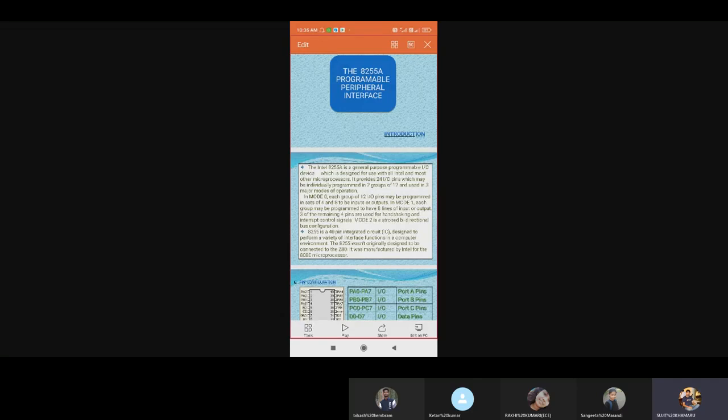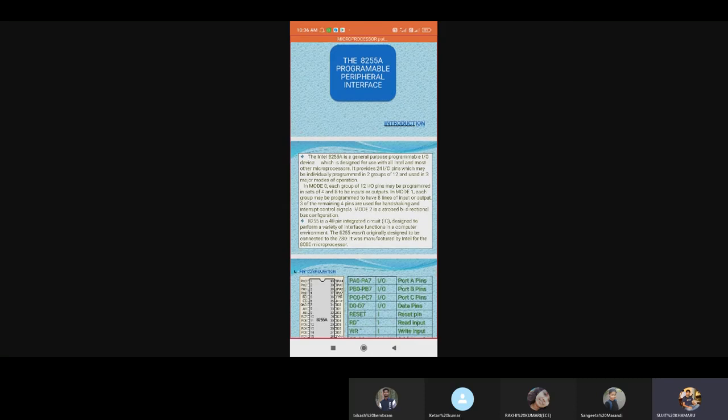The 8255 was originally designed to be connected to the 80 series processors, and it was manufactured by Intel for the 8080 or 8085 microprocessors. The function of the 8255 is to connect the processor to another peripheral device. For this reason it is called a peripheral interface.